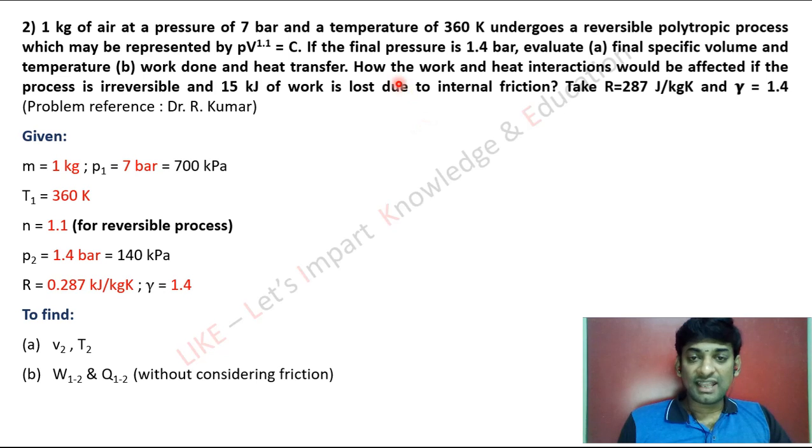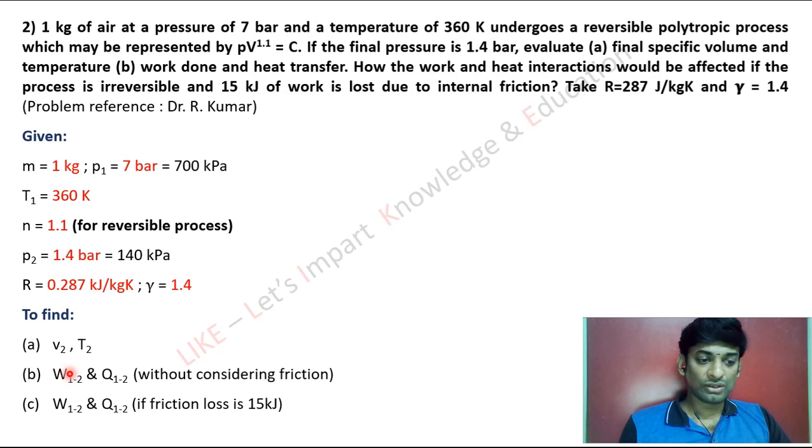In the next case, how would the work and heat interaction be affected if the process is irreversible? So you have to calculate work and heat again while considering that 15 kJ of work is lost due to internal friction. So again we are going to calculate W and Q, but for the irreversible process, that is, frictional loss is considered.